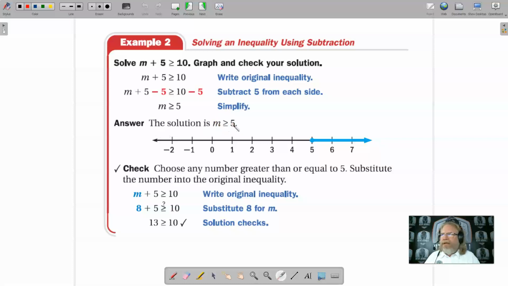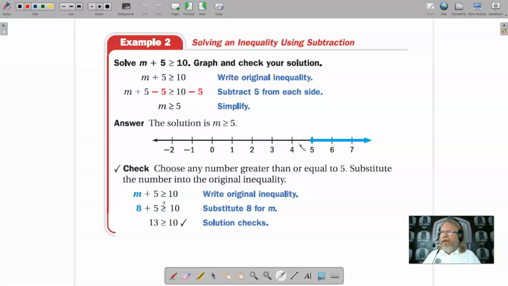So to graph this, we find the point 5, graph it. It does include this concept of equality as well. It could be greater than or equal to, so we want a closed dot. And it's all the numbers greater than 5, so we want the arrow to the right.